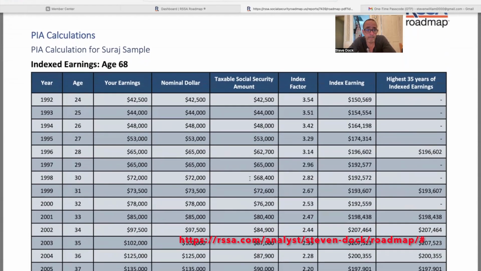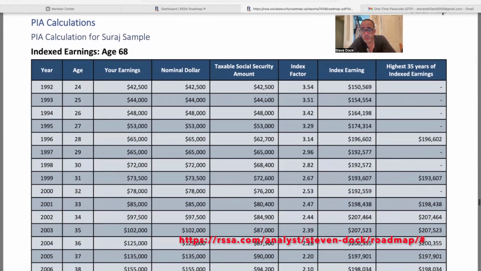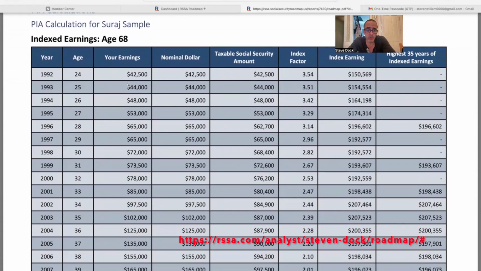So if we look at this, you're going to see all of your earnings as they were earned, in those historical dollar amounts. Then you're going to see an indexed amount that's going to index that amount upward to current dollars, right?